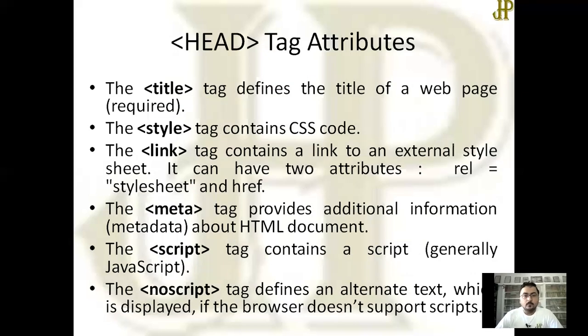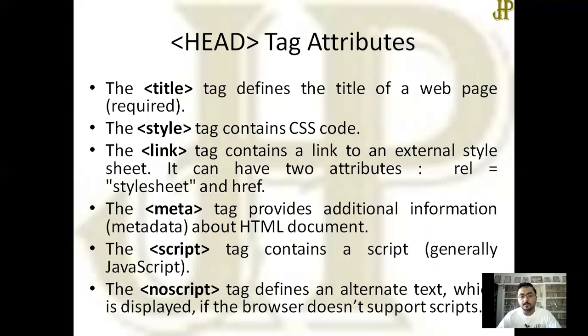Now we have to know about these attributes also. So I am going to cover in this the head tag attributes. Title is already covered, which defines the title of the web page. Style contains CSS code. CSS stands for cascading style sheet.